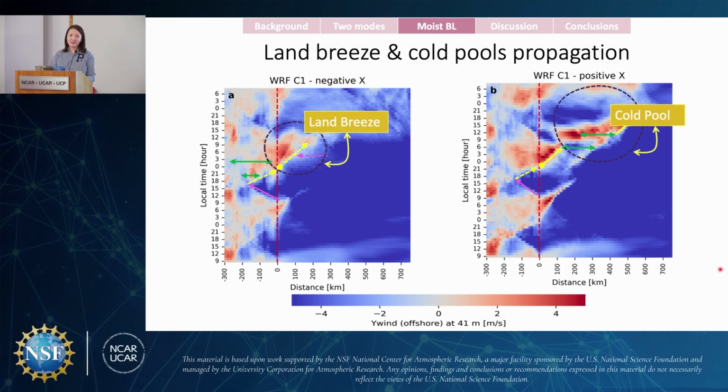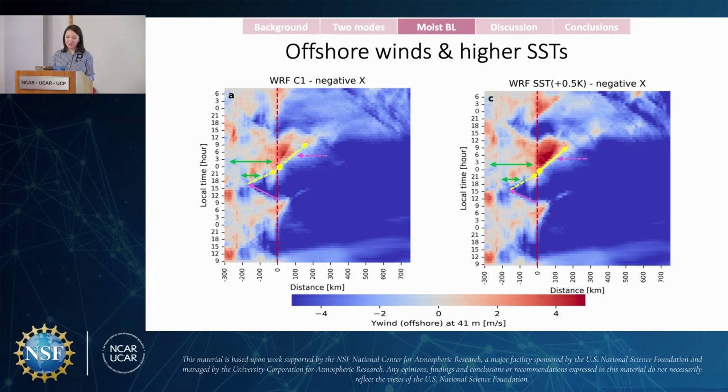One likely candidate is the sea surface temperature, SST. So these two figures show the SST sensitivity of offshore winds in the negative X channel. In fact, the higher SST experiment on the right more closely resembles the climatology.